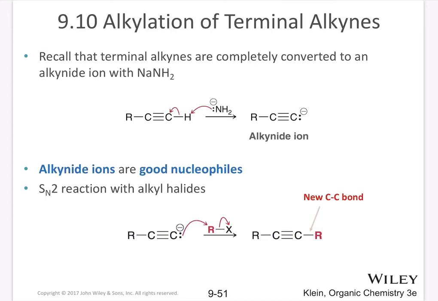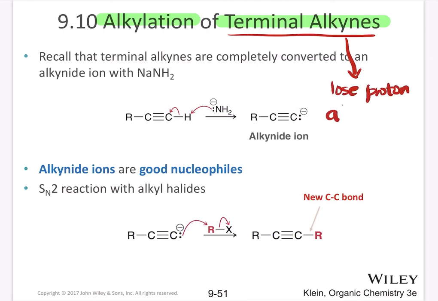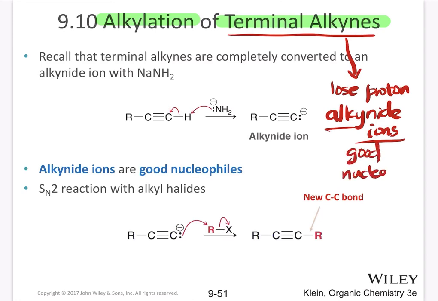So in the next part, let's discuss alkylation of terminal alkynes. So we talked about terminal alkynes. Terminal alkynes lose a proton and form acetylide ions. We also said that the acetylide ions are generally good nucleophiles because of the excess amount of electrons present.